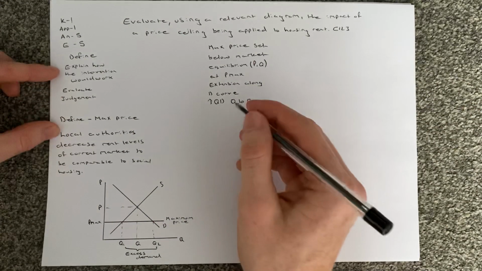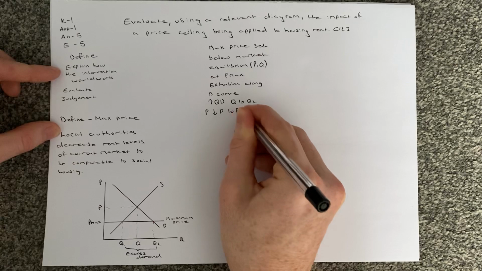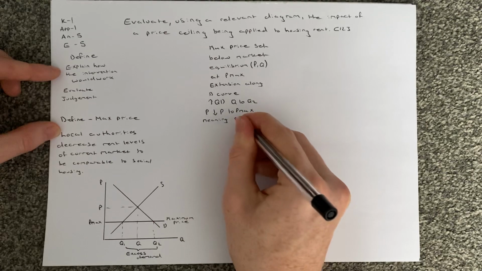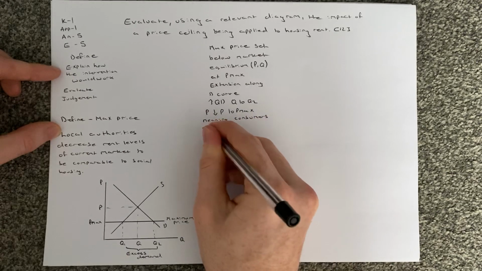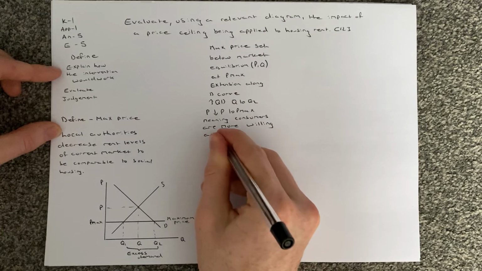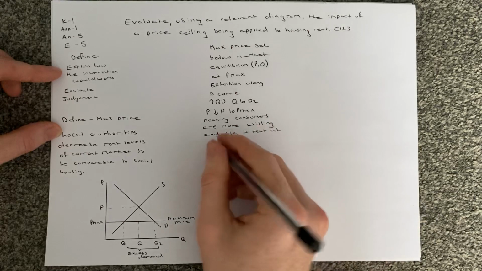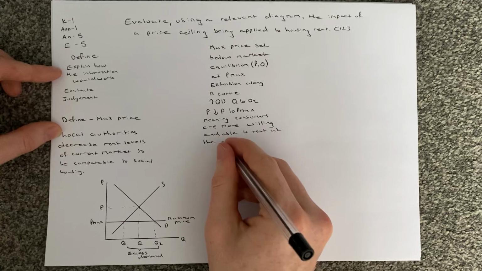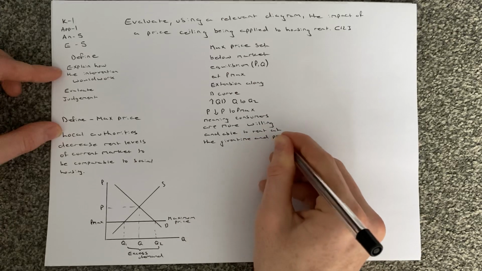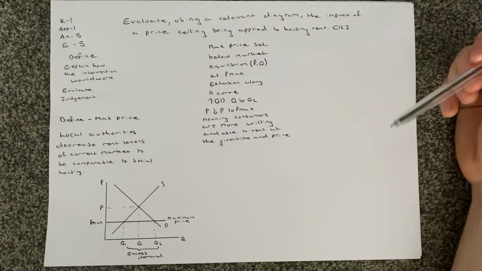And the reason for that is because the price has decreased from P to P max, obviously meaning consumers are more willing and able to rent at the given time and price. Okay, so it's really important that we use that technical language to demonstrate a thorough economic understanding.